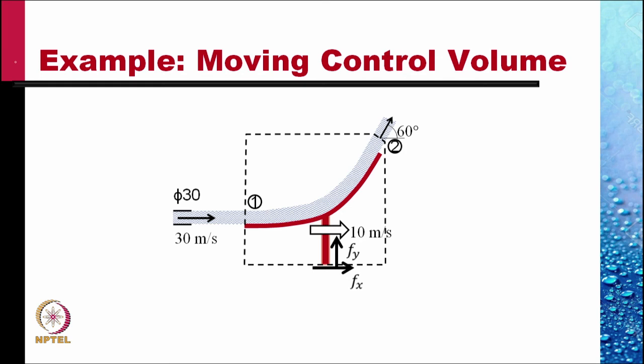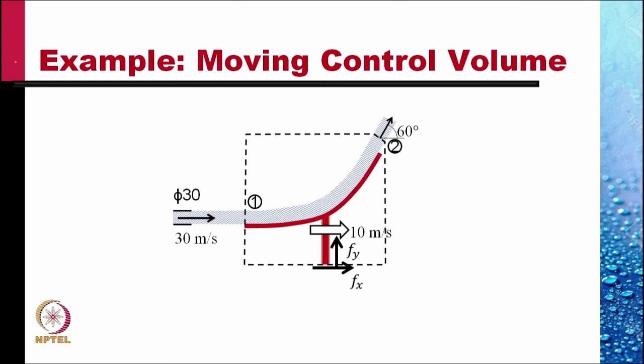To analyze this, let's take a control volume as shown, where the external forces are Fx and Fy as shown. There is an influx of momentum at 1, and there is an efflux of momentum at point 2.